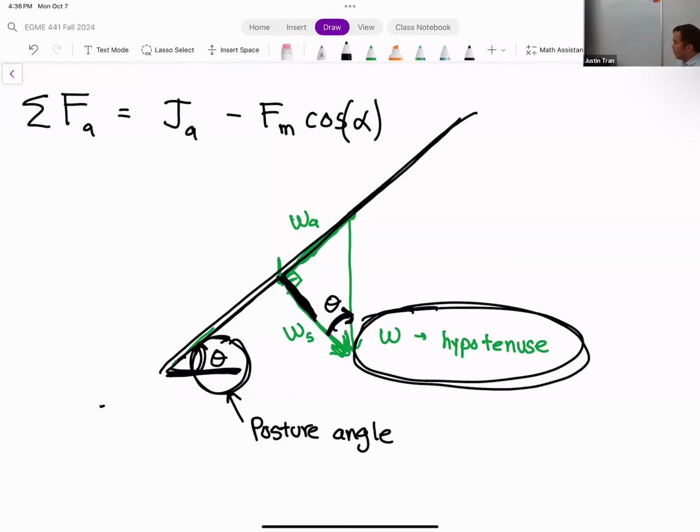For the component that's parallel to the spine, we can see that that's WA right here. And if we look at our triangle, that's going to be W, the hypotenuse, multiplied by cosine of that angle. Excuse me, W times sine of that angle.